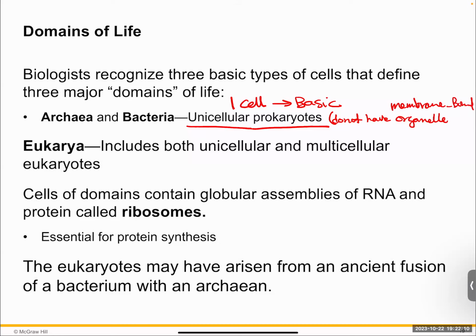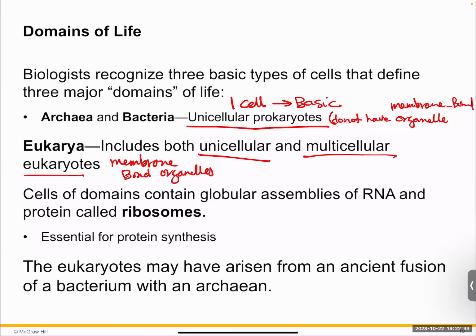Eukarya, which includes us, has both unicellular, meaning one cell, and multicellular organisms, like any complex organism we have around us. They're identified as eukarya because eukarya implies that they have membrane-bound organelles.